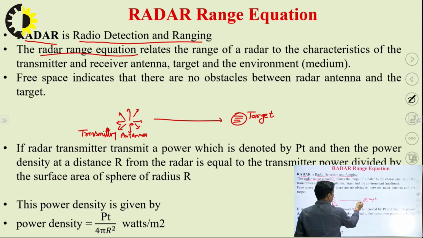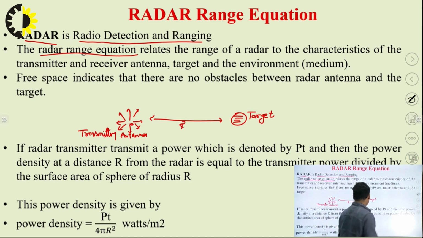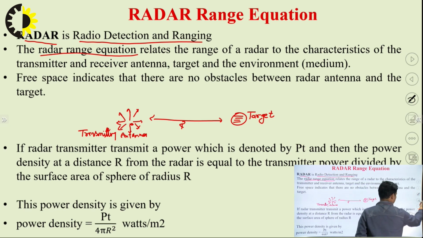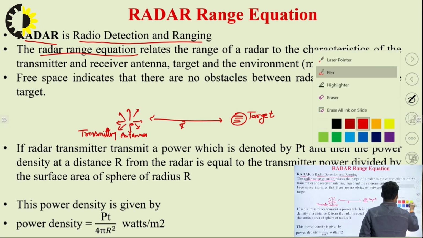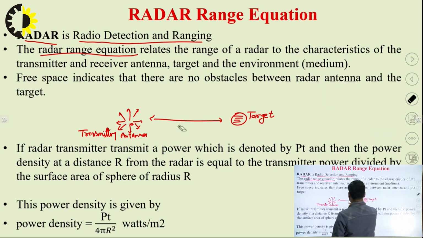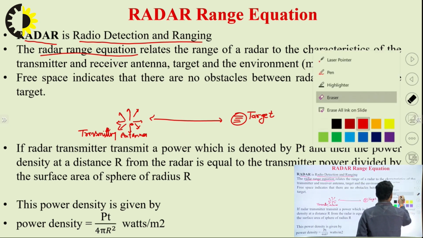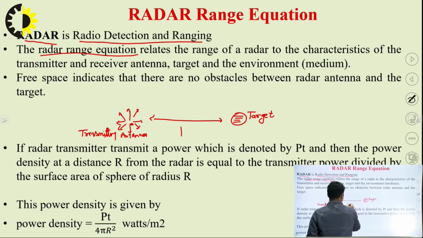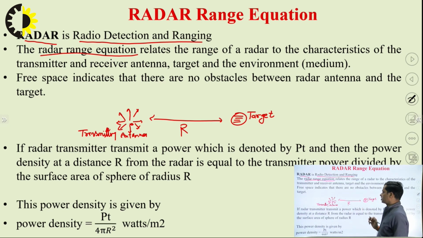Its distance will be r from this transmitting antenna, and the target is situated at distance r.